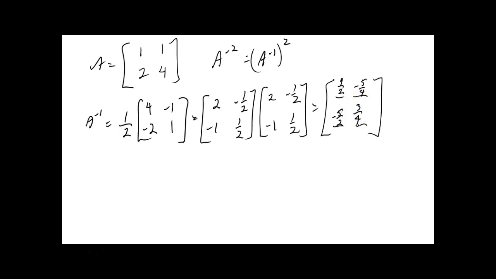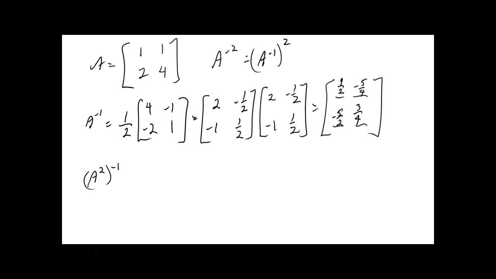Okay, we did it one way. What is the second way we could have done that? Yeah, A squared, and then take the inverse of that, right?